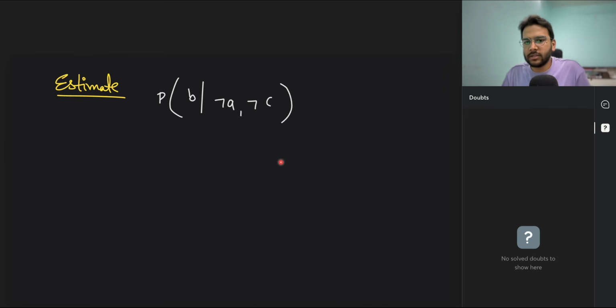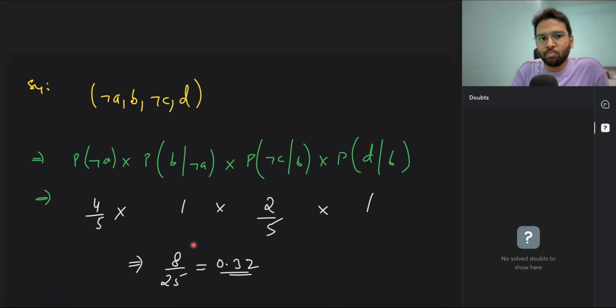How are we going to do it? Yes, when not of A, not of C are given, do A and C also get considered? No, only these will be the evidences, right? Manjunath, only these will be the evidences, not of A and not of C, specific values.